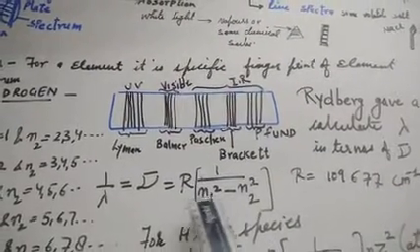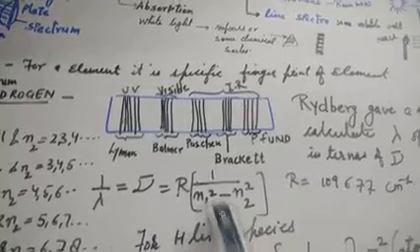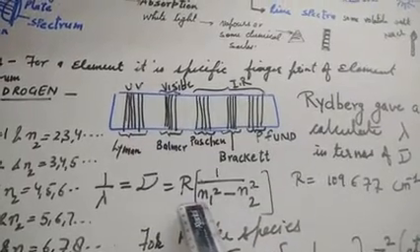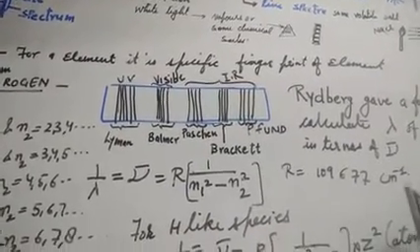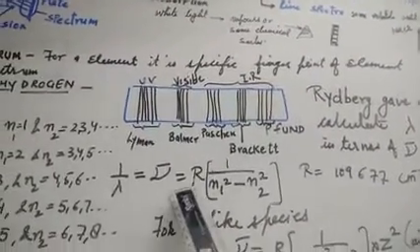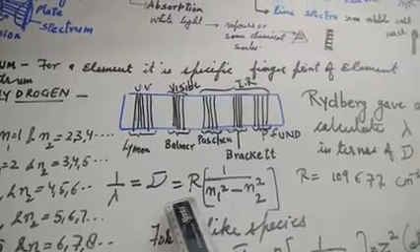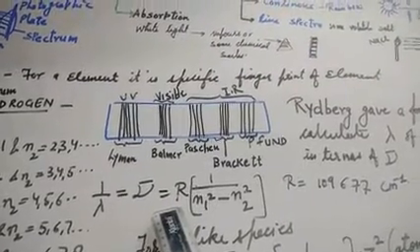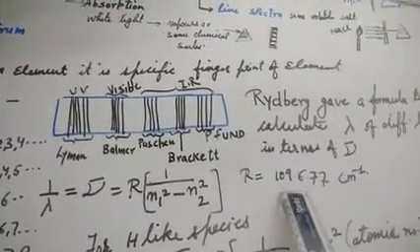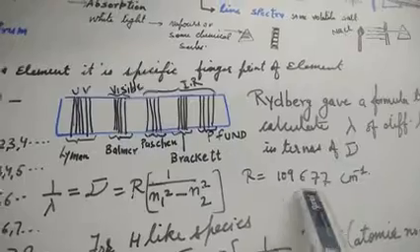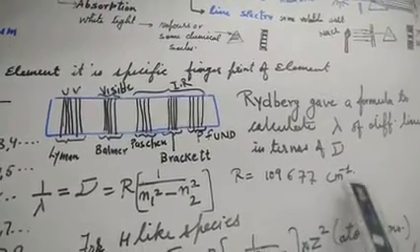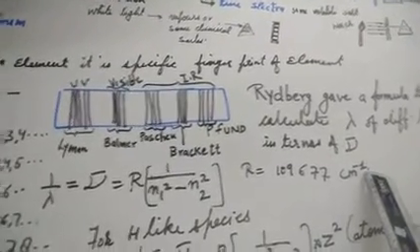What are these numbers, n1 and n2? These are whole numbers, 1, 2, 3, 4, any. And what is this R? R is Rydberg's constant, and it has a fixed value, 109,677 centimeter inverse. Okay, students.